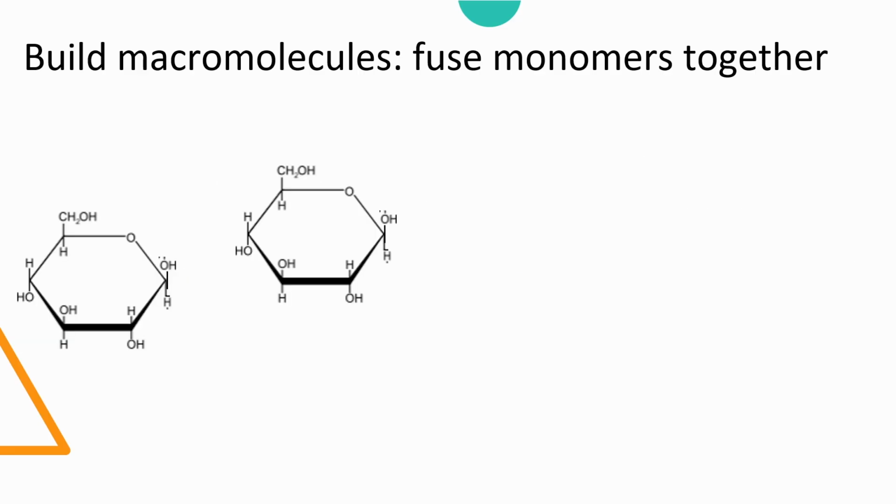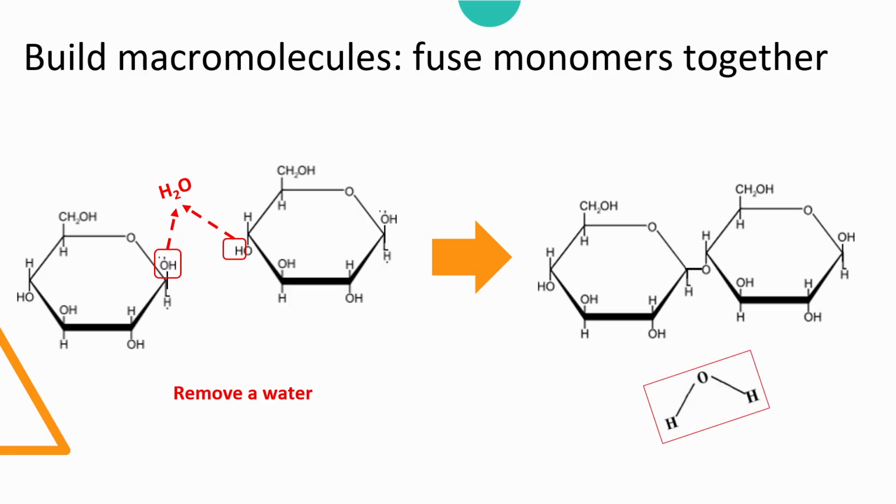To do that, they remove part of a water from one monomer and the other component of water from a neighboring monomer. Here we see an OH coming from one glucose ring and an H coming from another. This water falls out and it might exit the body as urine. And the fused glucoses are a slightly more complex molecule.